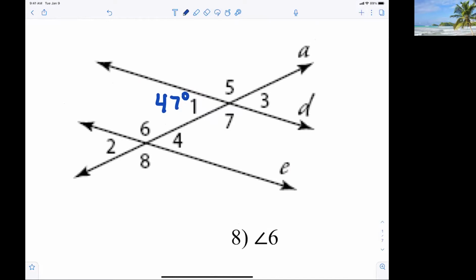What is it? 47. Good job. Molly, you're up. Which one? Yes. Jolie, what? Good job.